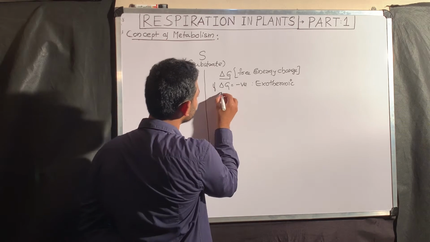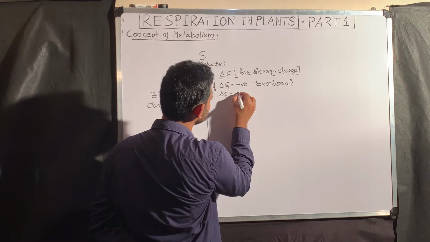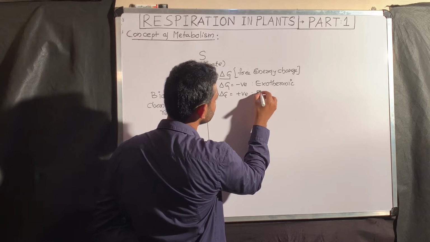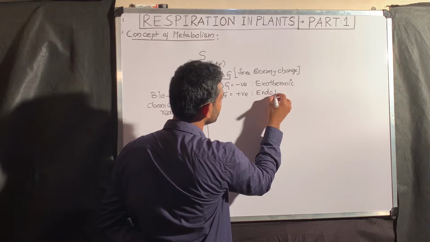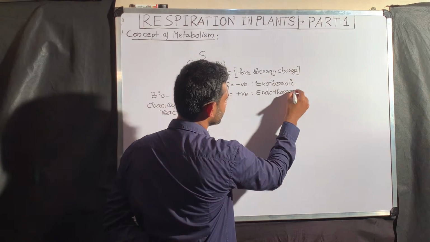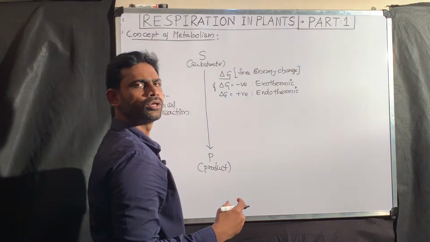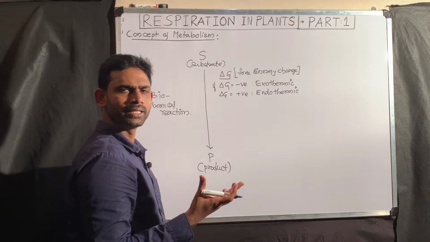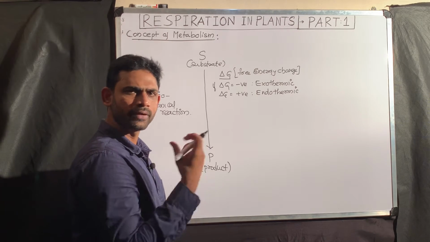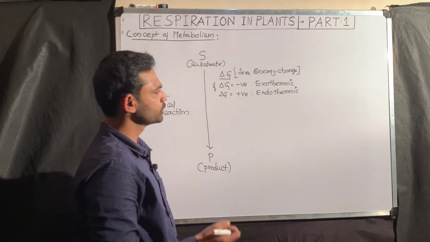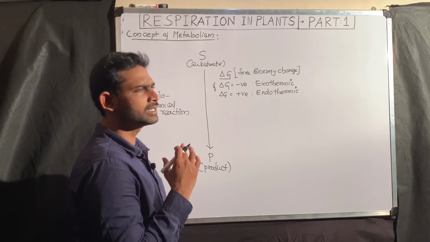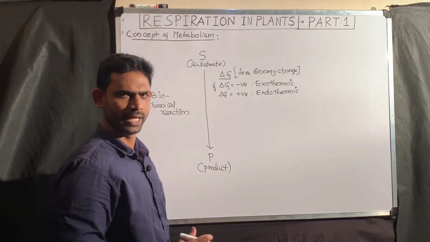If delta G is positive, that reaction is an endothermic reaction. What is an endothermic reaction? In order to carry out this reaction, there is a need of energy that is taken up from the surroundings. So this is one thing affecting every chemical reaction.